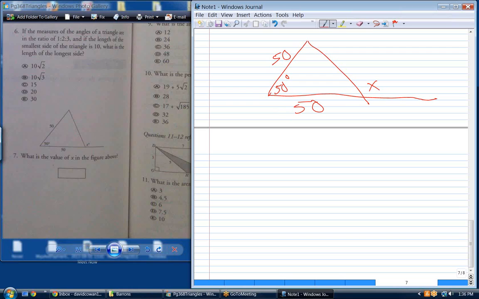What kind of triangle is it? Isosceles. Okay. What do isosceles triangles have besides having 2 equal sides? They have two equal angles. Right.